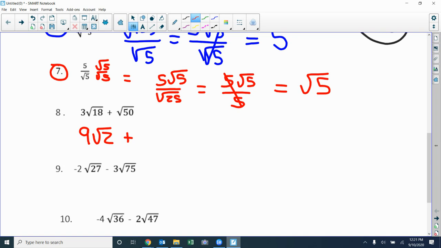Square root of 50. 25 times 2. So it's going to be 5 square roots of 2. Don't forget, you have to take that 3 times 3 on the outside. That's how we're getting that 9. Now it's pretty easy candy, isn't it? 14 square roots of 2.